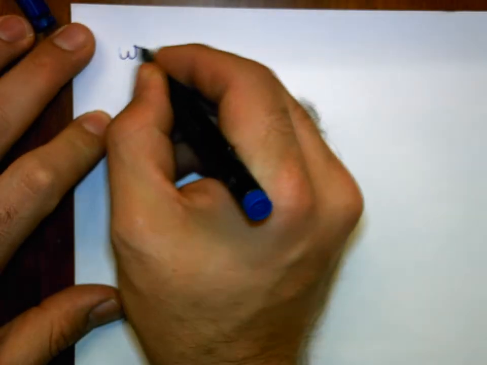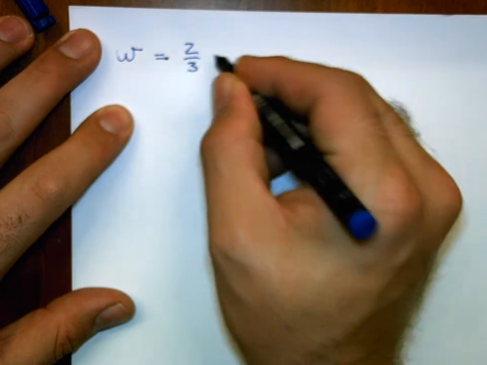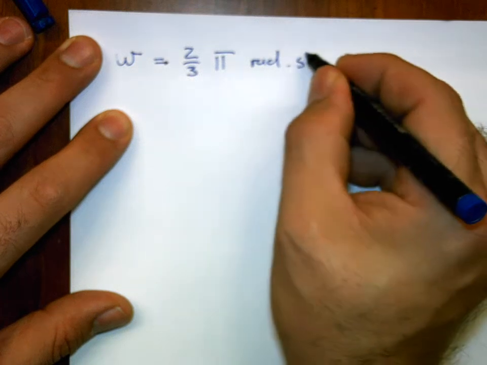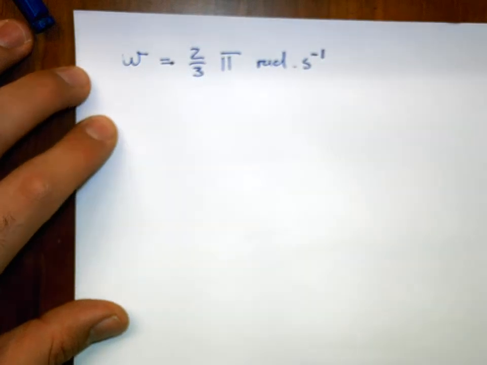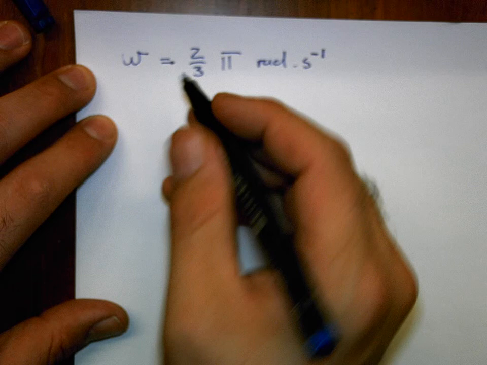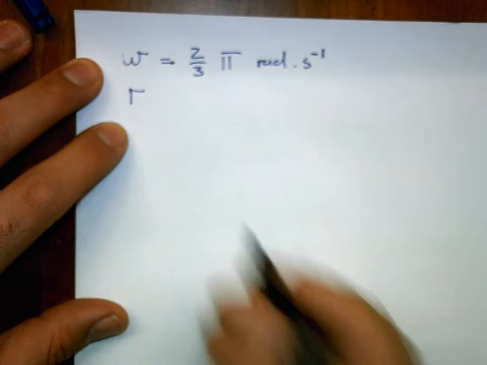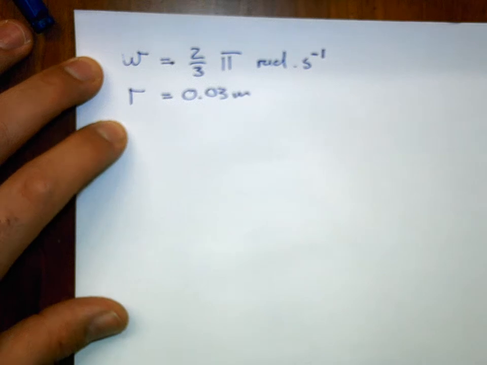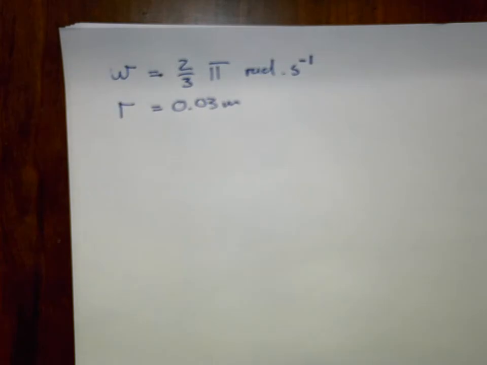Now, let's say, as we had here, for that point on the disk, that its average angular speed was 2 over 3 pi radians per second. And let's say that point was 0.03 meters from the center, the point of rotation.